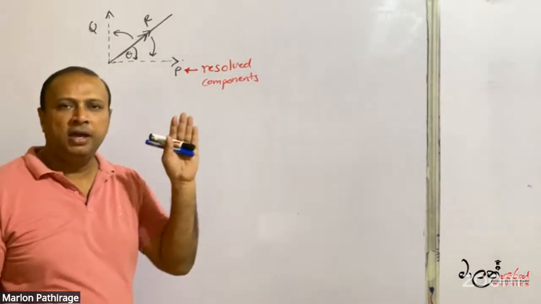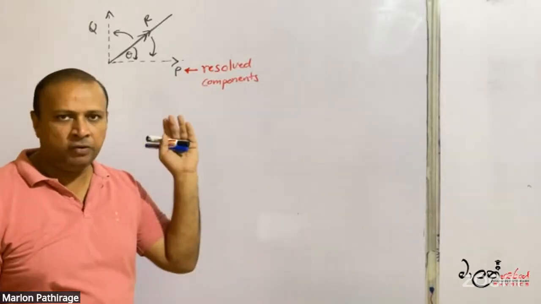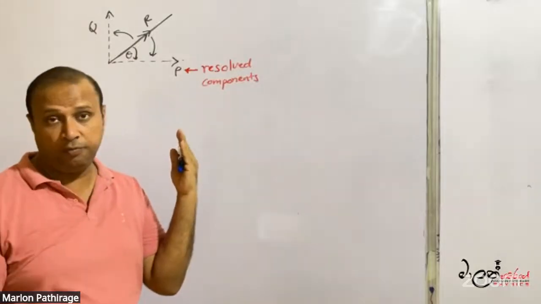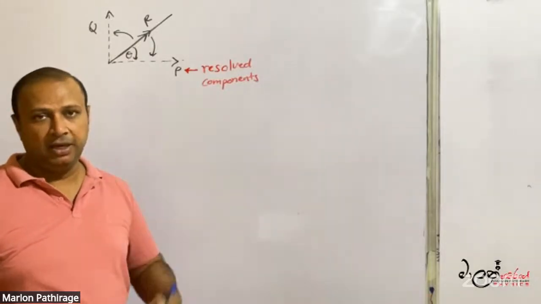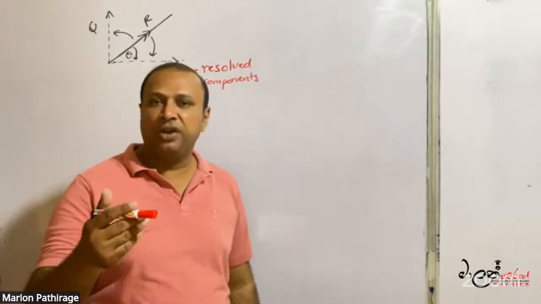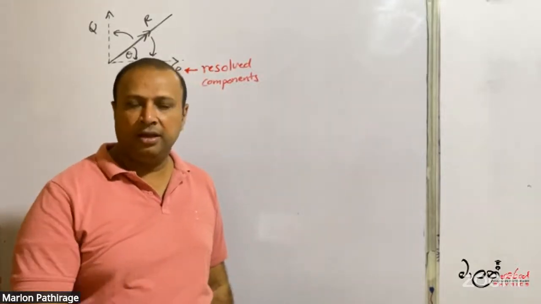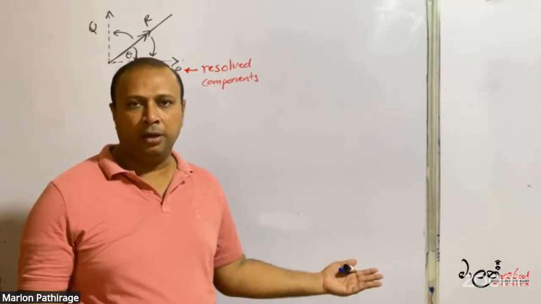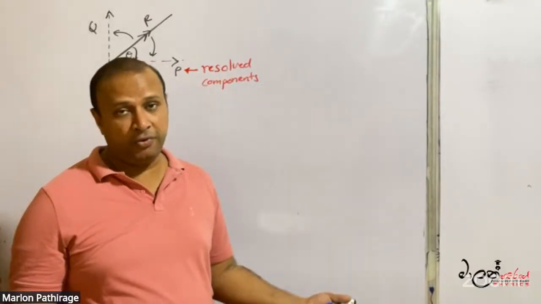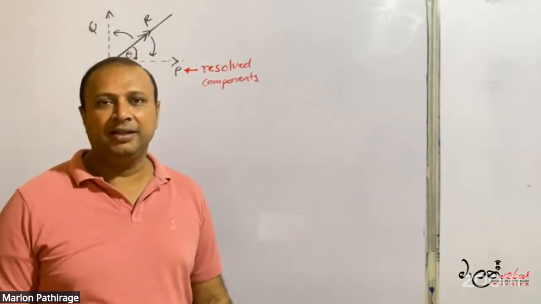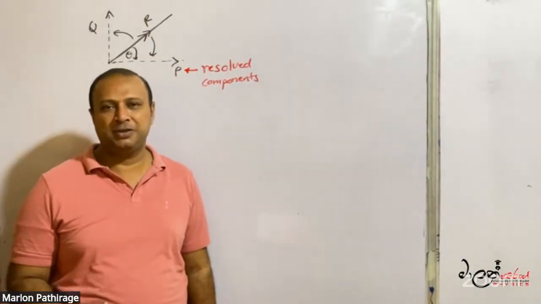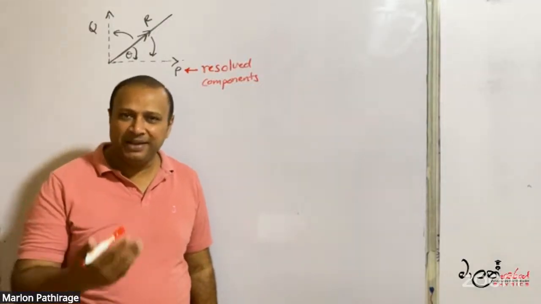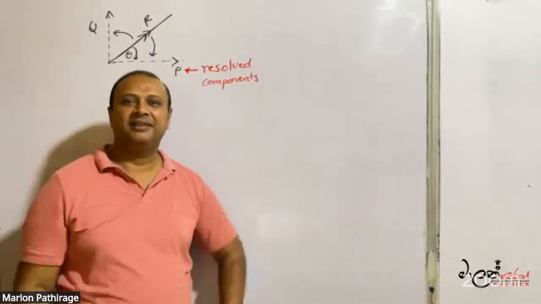When you are resolving a vector, you have to resolve that vector into two perpendicular components. Sometimes, if you resolve a vector into two other components which are not perpendicular, that is also possible. But the main problem is it is very hard to determine the vector components.